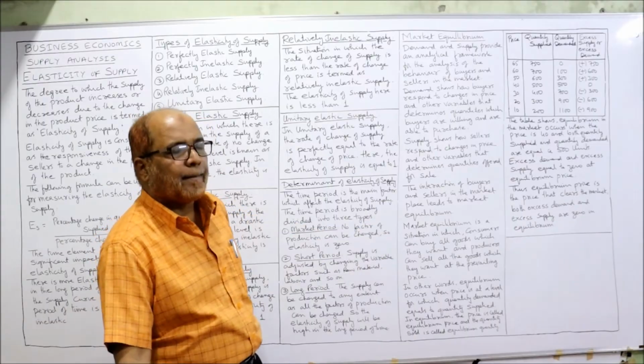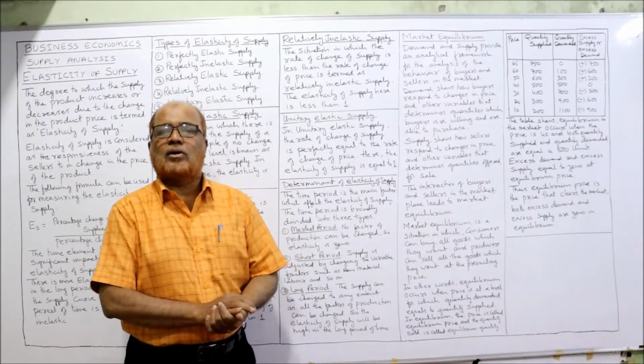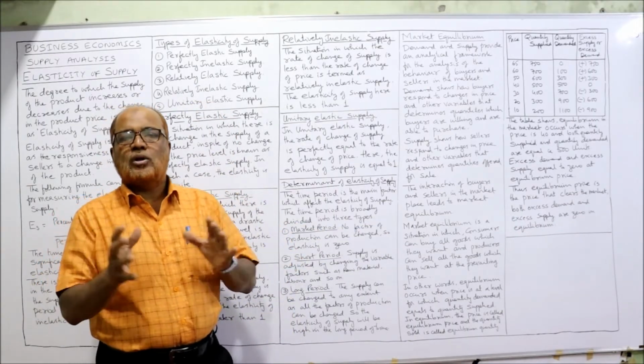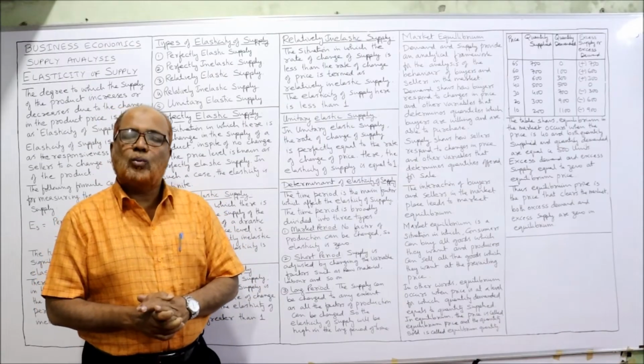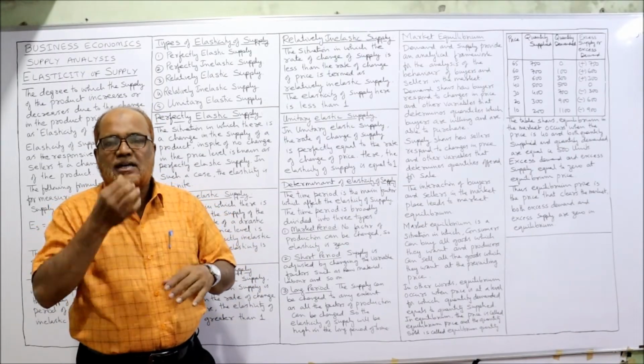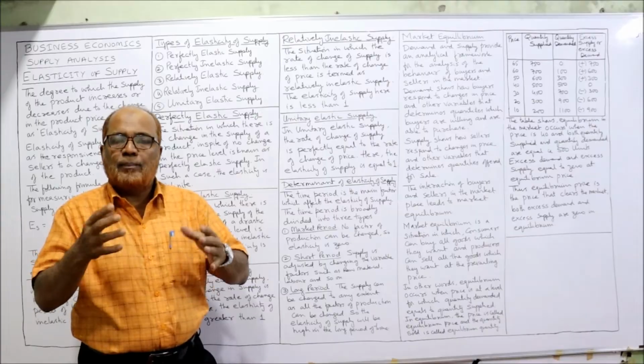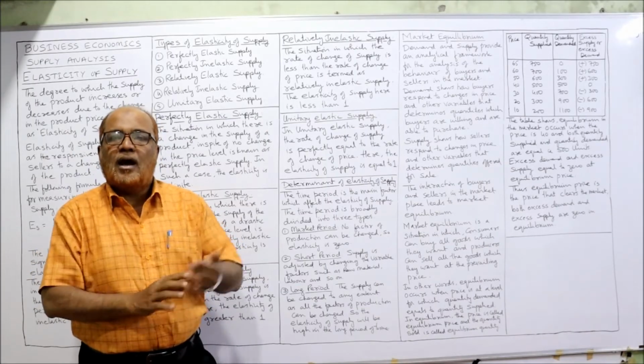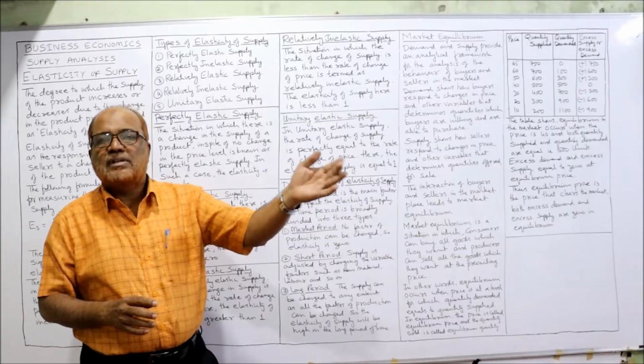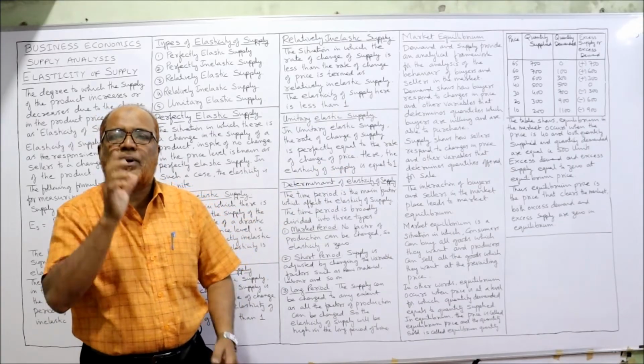This wording, this paragraph, is very important. So market equilibrium is a situation at which all the buyers will buy the products at a given price and all the suppliers will supply the goods at a given price.